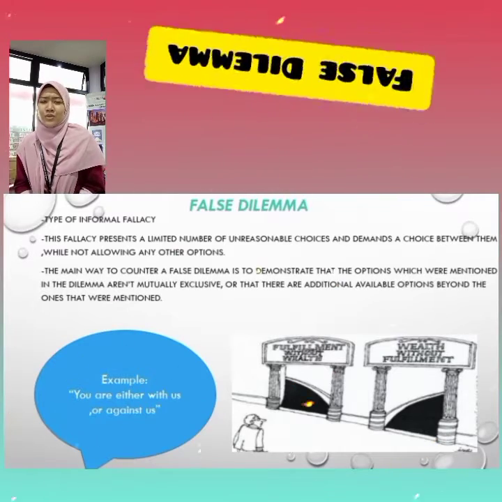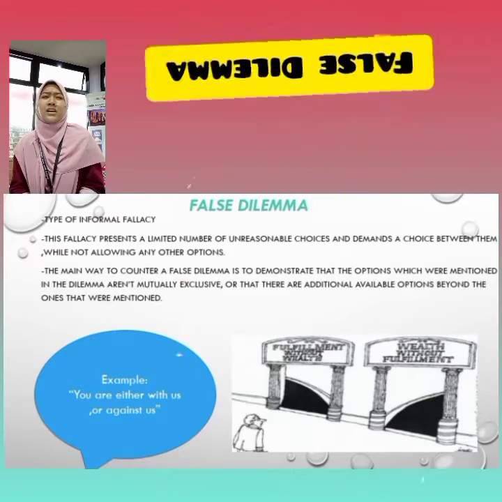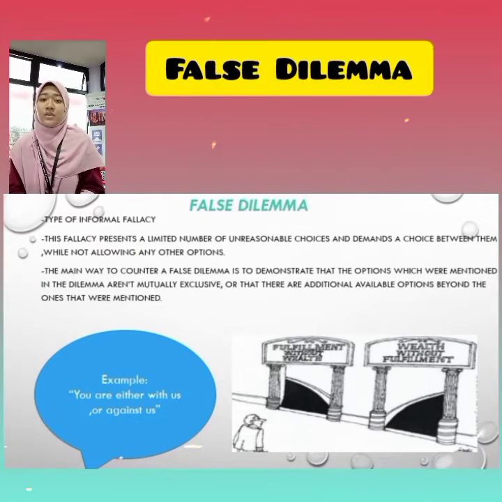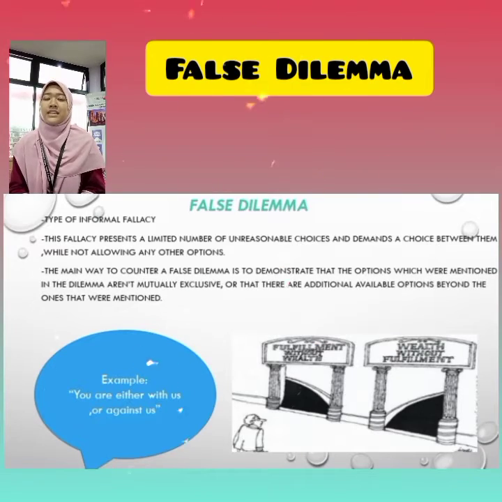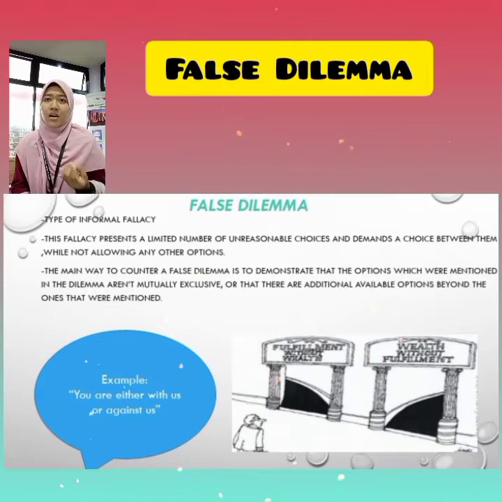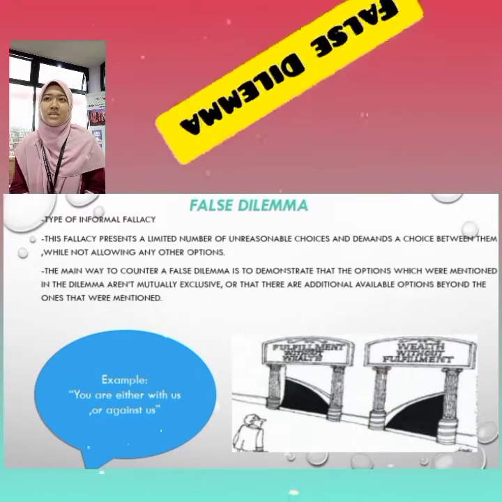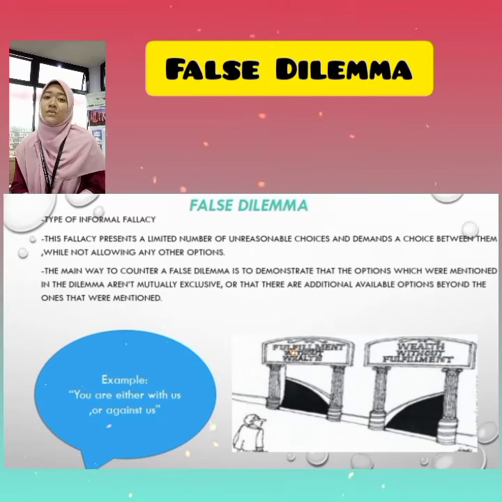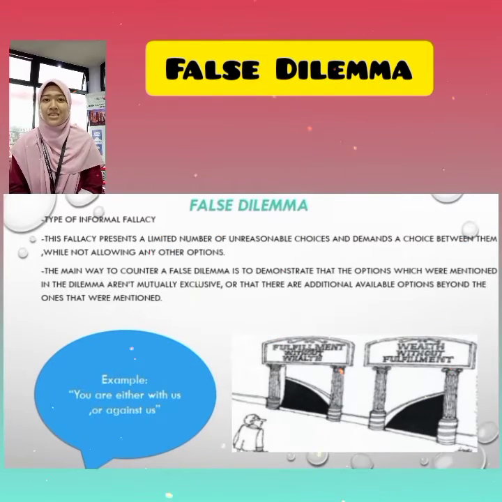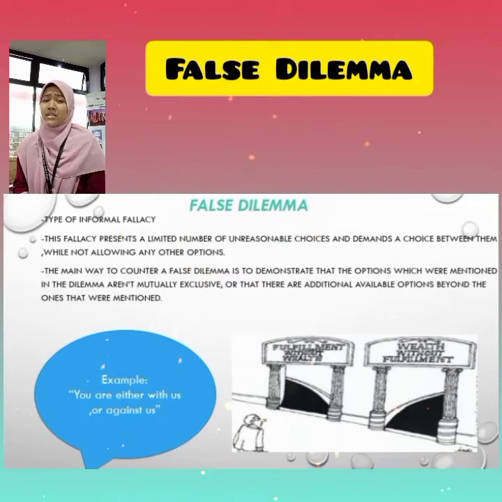The main way to counter a false dilemma is to demonstrate that the options mentioned are not mutually exclusive, or that there are additional available options beyond the ones mentioned. For example, you are either with Earth or against Earth.